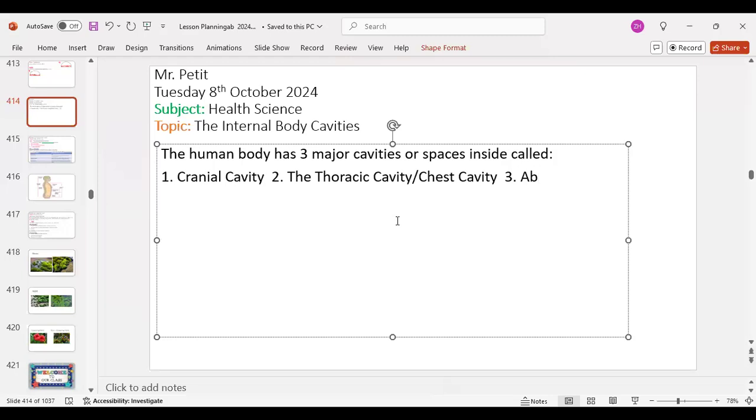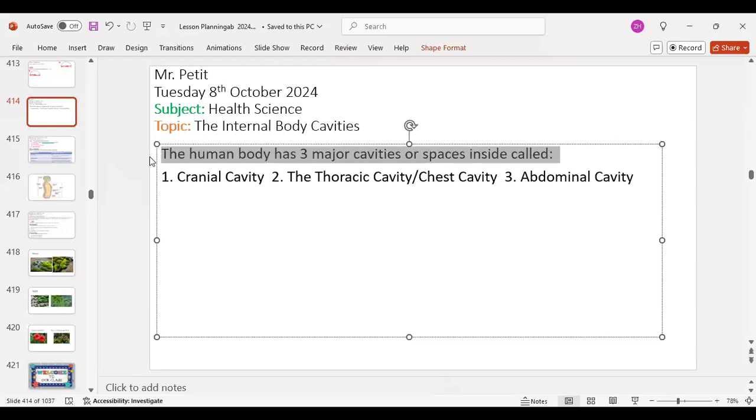The cavities or spaces are very important because they hold very important organs which we all need to live and function, and without which we will be dead or essentially useless. I'm going to show you an image of the 3 cavities.